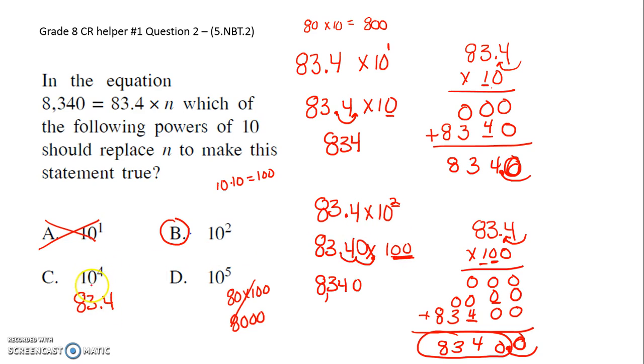So if I have an exponent of 4 on a 10, only on a 10, the quick trick way would be 1, 2, 3, 4, fill in 3 zeros, 8, 3, 4, 0, 0, 0. So if you took 10,000 and multiplied it by 83.4, you'd get 834,000, and so on. So that's just a little extra info.